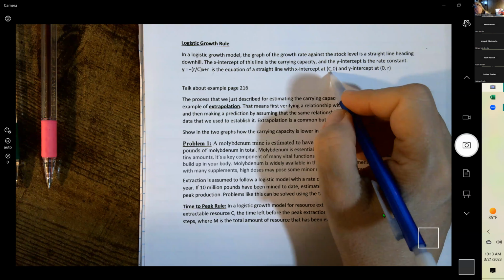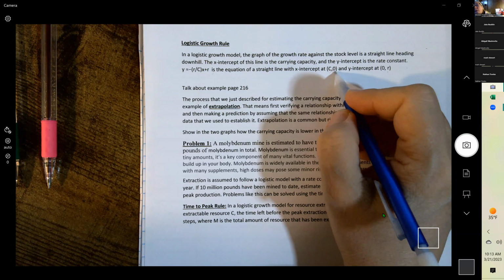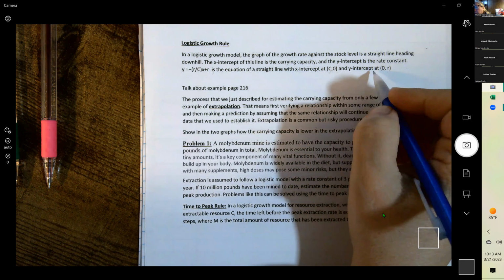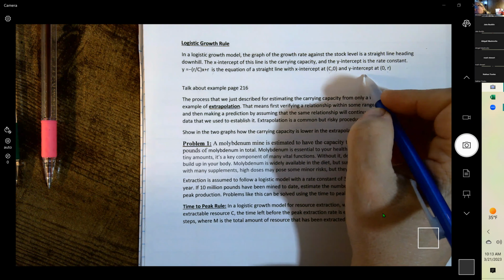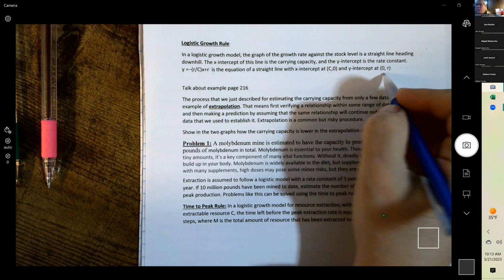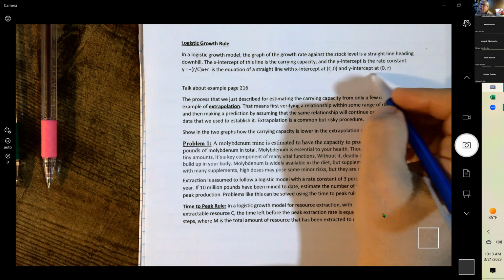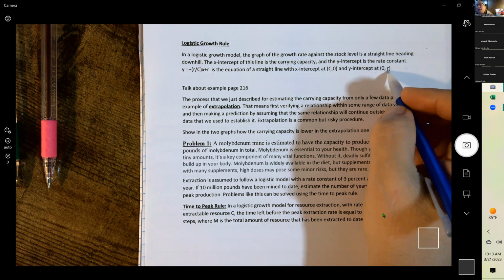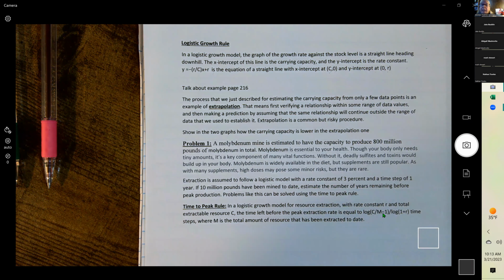So this is saying that at time 0, this is the total carrying capacity. And then, well, the y-intercept doesn't necessarily make sense in this one, but the rate is how fast it's growing or decreasing.